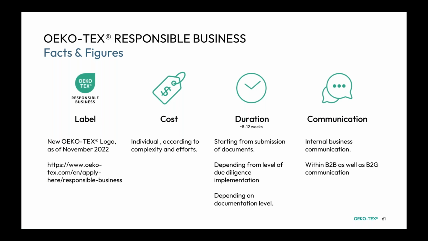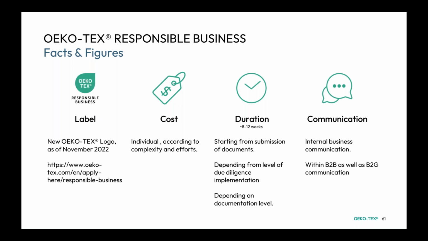A little bit about the Responsible Business facts and figures. So the label Responsible Business can be received after the certification, which is a new OEKO-TEX label. The costs are pretty individual according to the complexity of the business model and the efforts that have to be taken.